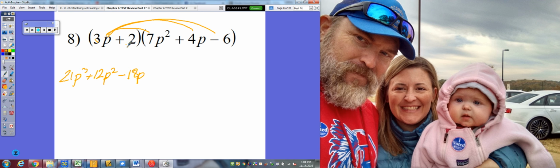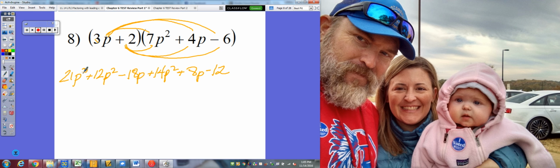Start with the 2 now. 2 times 7p squared gives me 14p squared. 2 times 4p gives me 8p. And then the last one, 2 times negative 6, negative 12.